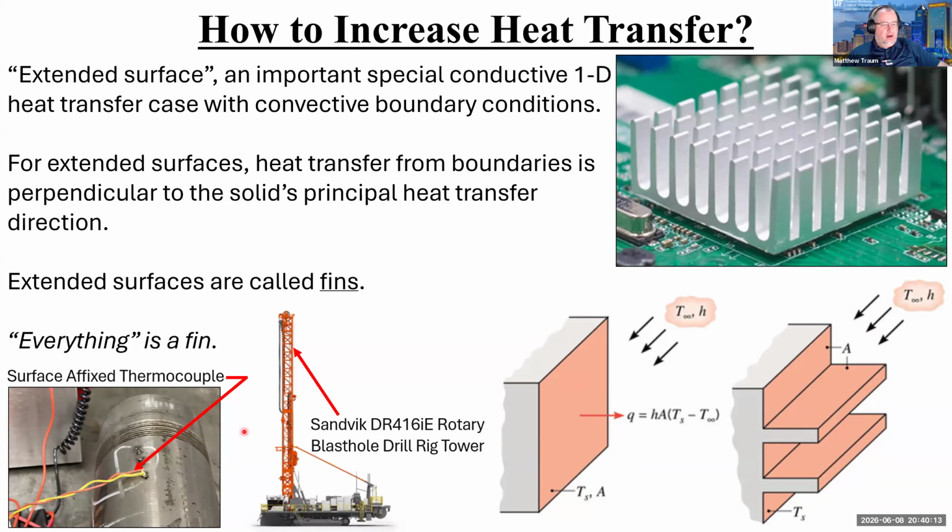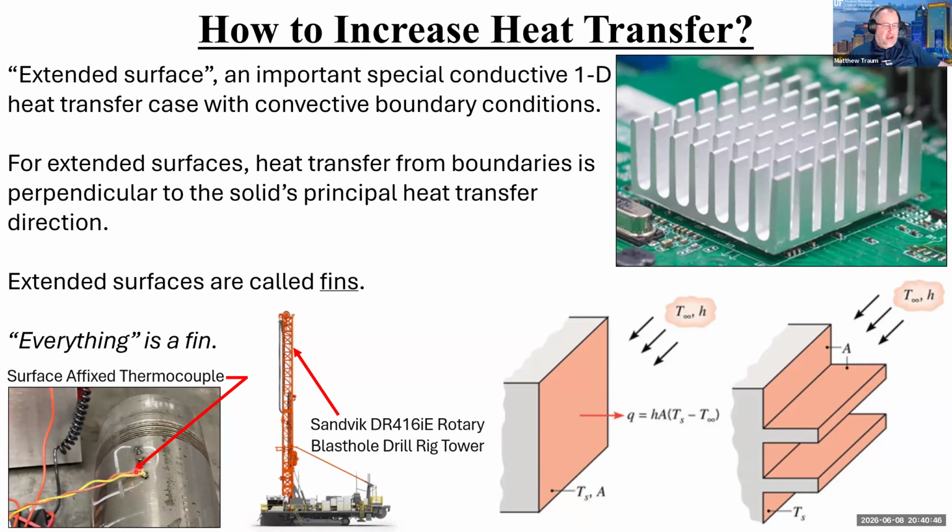Another place where things that aren't supposed to be fins become fins, and this becomes problematic, is if you're using a thermocouple, or in our case, a thermistor. It still has wires coming off of it to measure temperatures. This is quite problematic when you're trying to get an accurate temperature measurement because these things get welded to a surface. You're interested in measuring the temperature at this surface, and yet here are these long, spindly wires that come off of the thermocouple, and those start to act like fins.